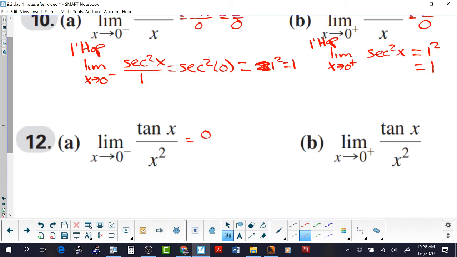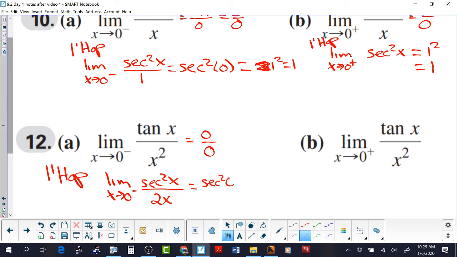So this is still 0 over 0 squared is still 0. So we do L'Hopital's. Limit as x approaches 0 from the left of secant squared x over now 2x. We have to deal with a variable in the denominator now. So secant squared is 0 over, it's kind of 2 times 0, but we can't plug 0 in the denominator.